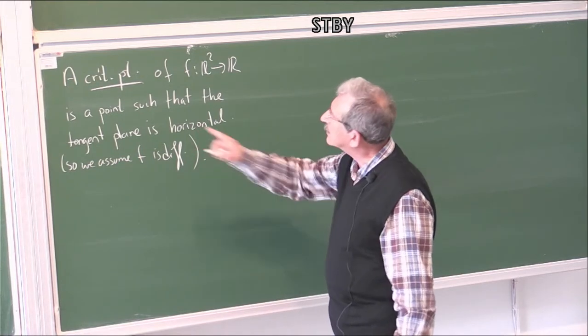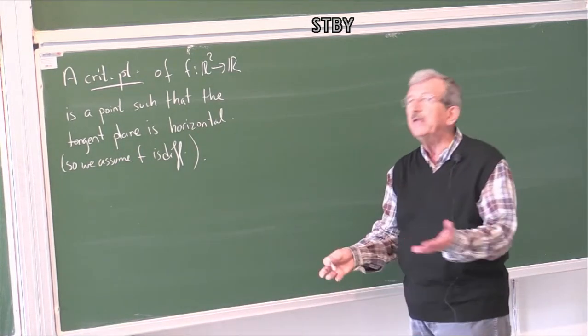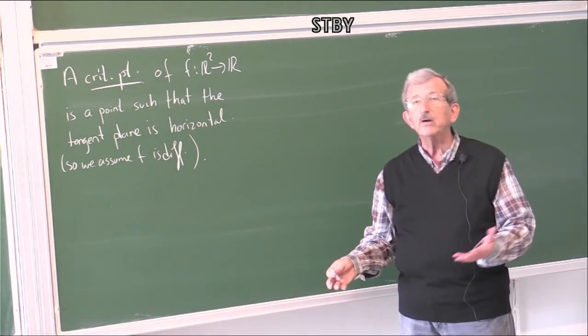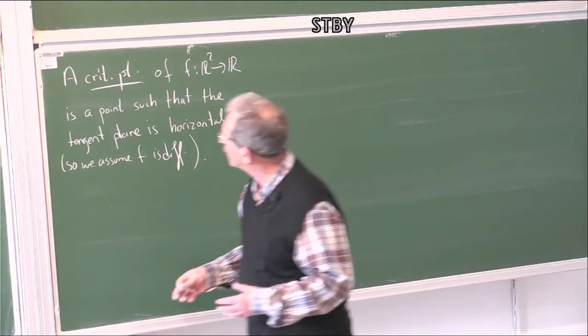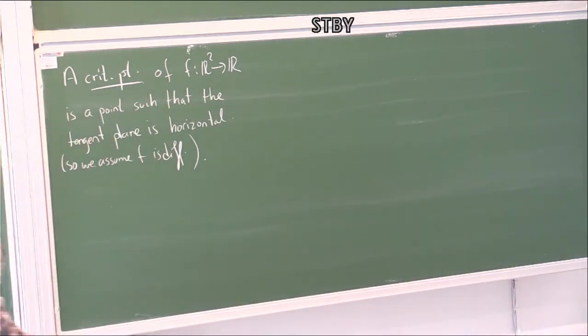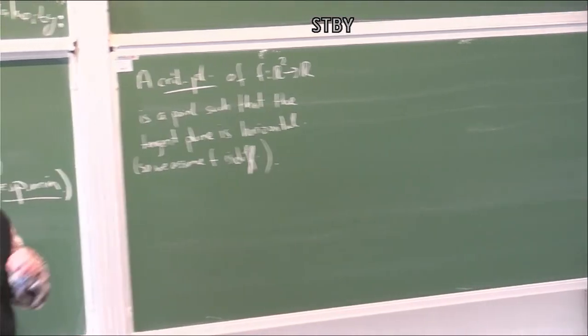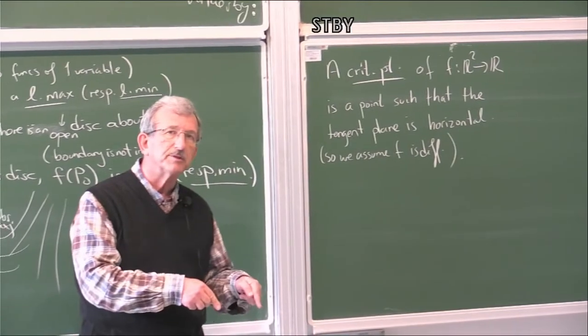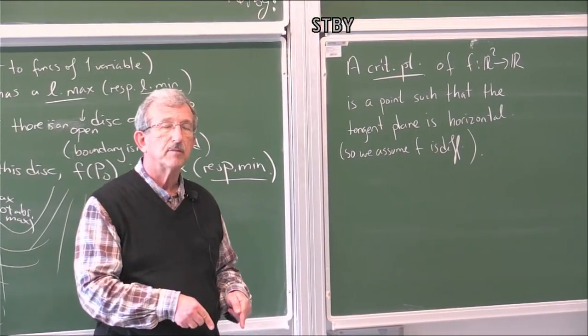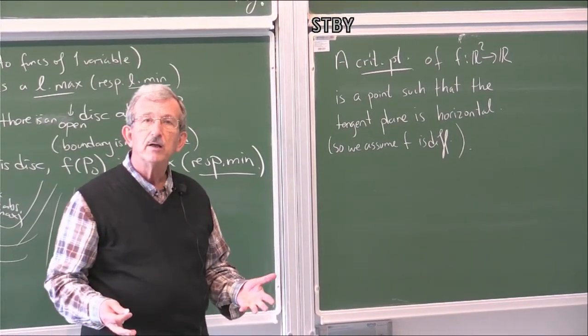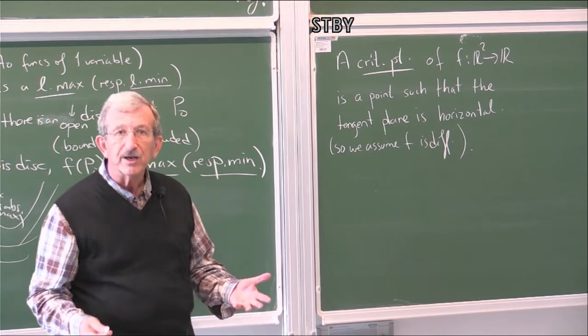Now, what does it mean that the tangent plane is horizontal? Well, remember, the tangent plane will be horizontal if a normal vector to it is k or minus k, which means that the first two components must be 0. But this is precisely when the partial derivatives vanish.